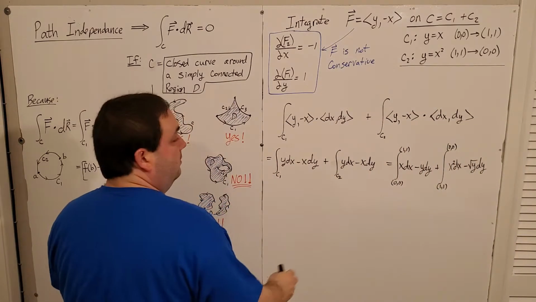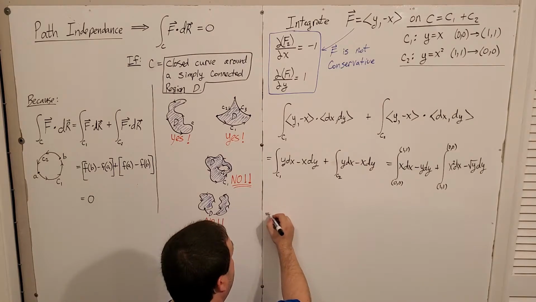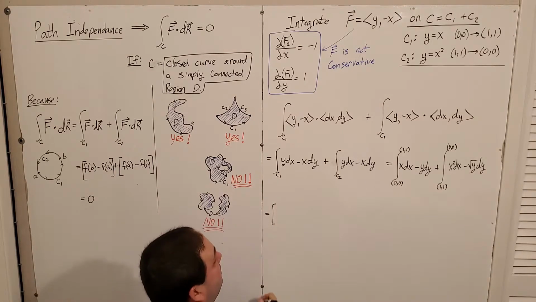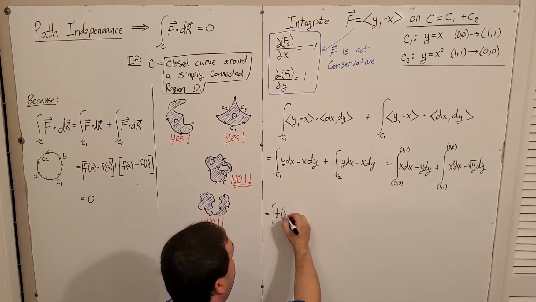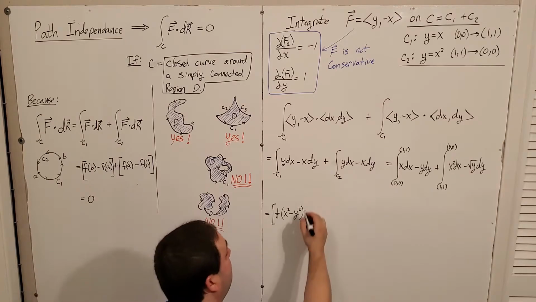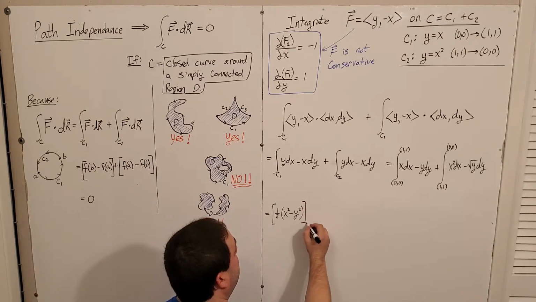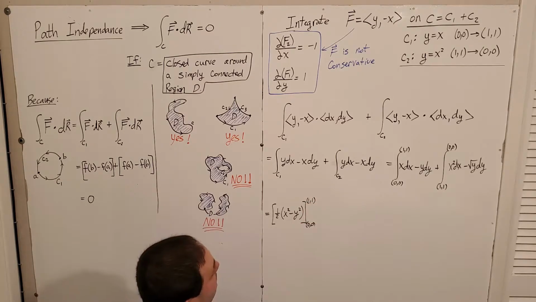All right. So some pretty straightforward pieces there. I'm going to have 1/2 times x squared minus y squared, going from 0, 0 to 1, 1. Okay?